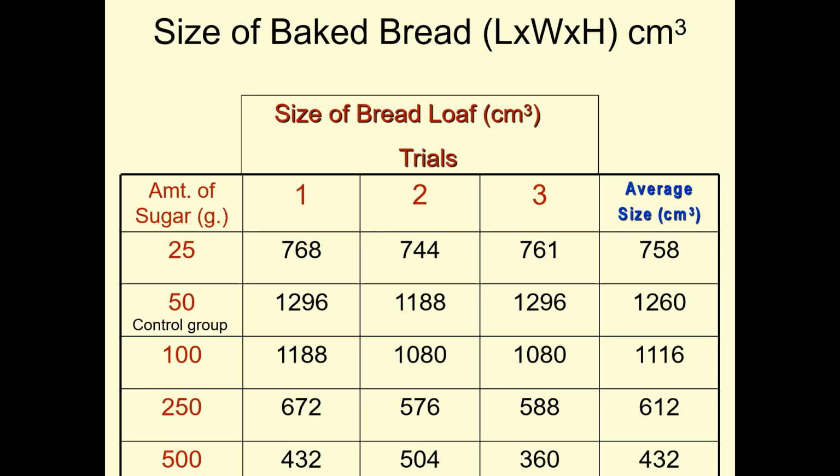The less sugar obviously yielded less, a smaller bread. 100, still smaller. 250, smaller yet. And 500, even smaller. So something went wrong.